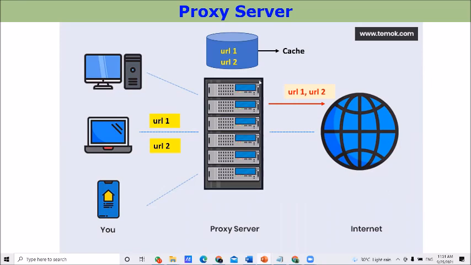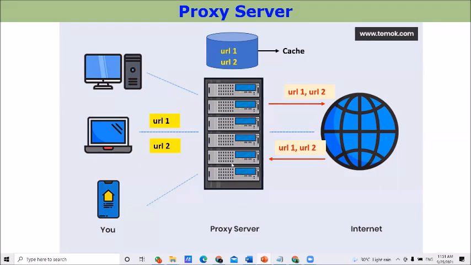Once these URLs are saved in the cache, that particular URL is sent to the actual servers. Then the actual servers respond, giving URL 1 and URL 2. These responses from the actual servers also go through the proxy server.